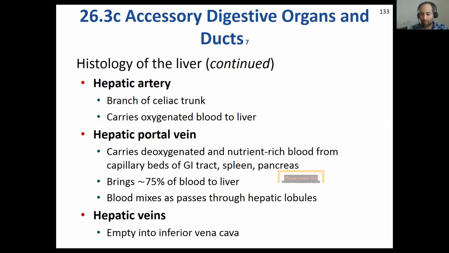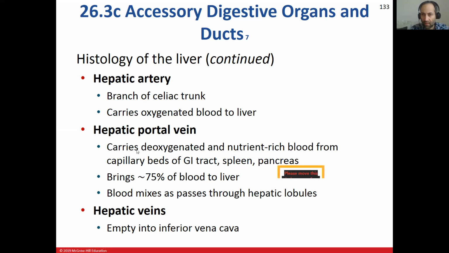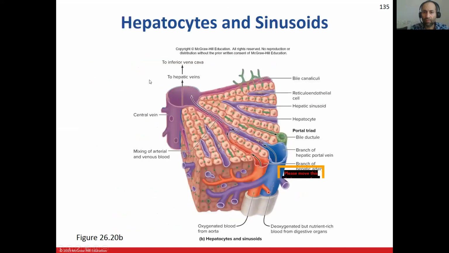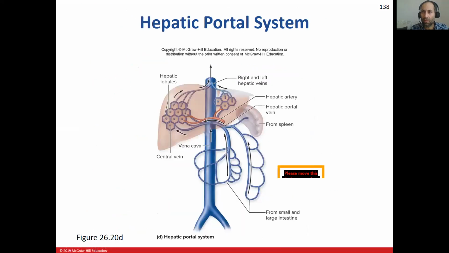All right, so we are looking at the liver, as we can see on slide number 133 here.